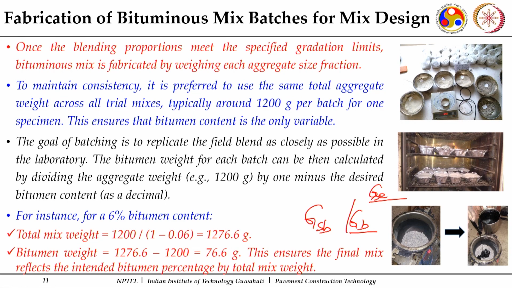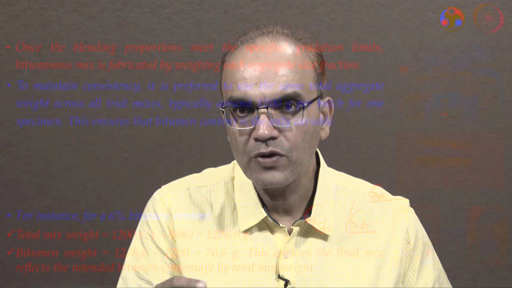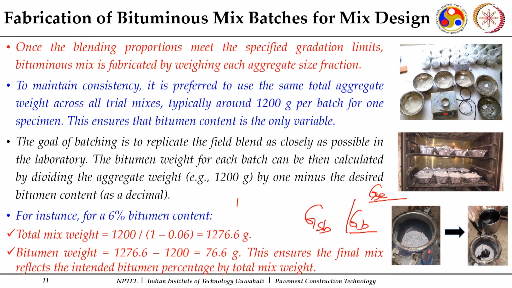Once this is there, you need to prepare an aggregate and binder blend. Now, for this one, the aggregate proportioning is already done to achieve a particular gradation. Now, I need to prepare a mix. So, for laboratory testing, specimens are prepared which are cylindrical specimens, and the very common specimens which are prepared have 4 inch of dia and around 2.5 inch of height.